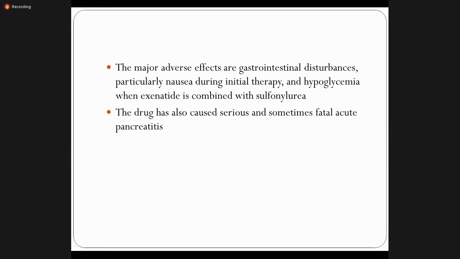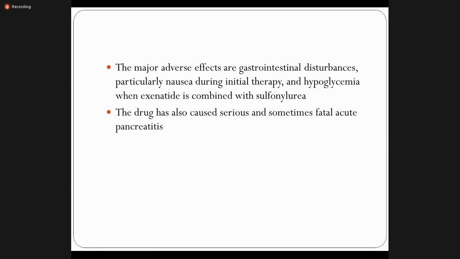The major adverse effects are gastrointestinal disturbances, particularly nausea during initial therapy, and hypoglycemia, especially when exenatide is combined with sulfonylureas, right? The drug has also caused serious and sometimes fatal acute pancreatitis.